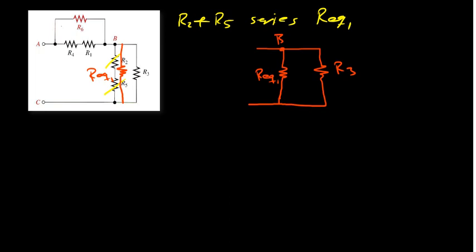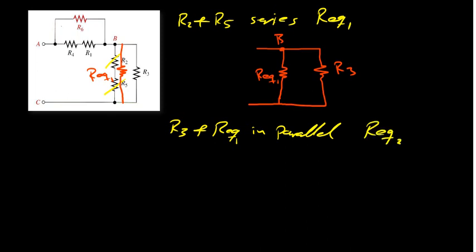Okay, now the next step is I have R3 and R equivalent 1 in parallel. All right, so the equivalent of them, I can call it R equivalent 2, as it is the second equivalent we found in this circuit.